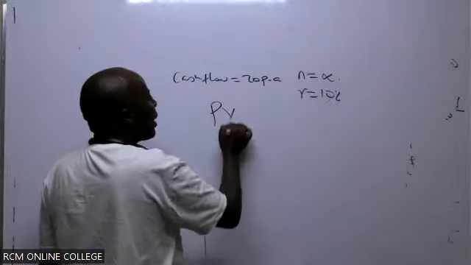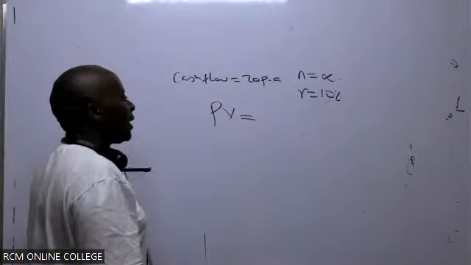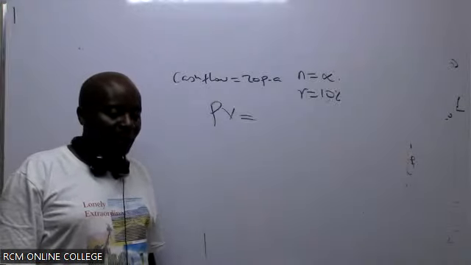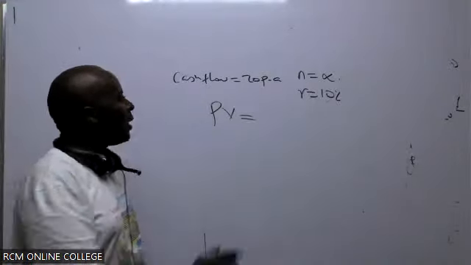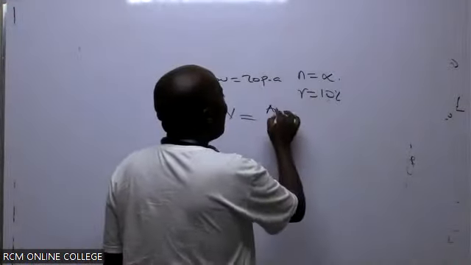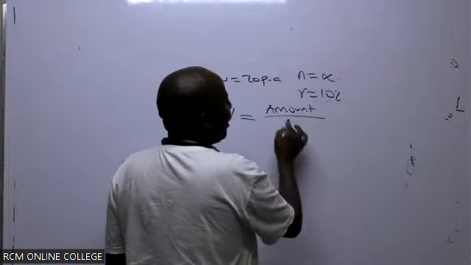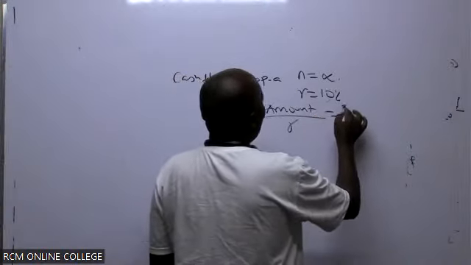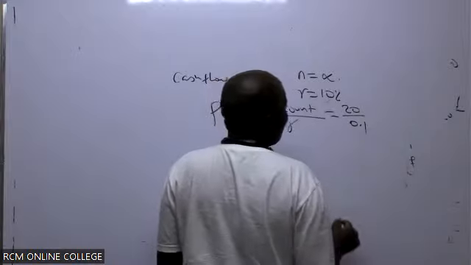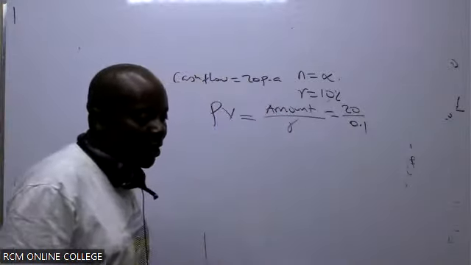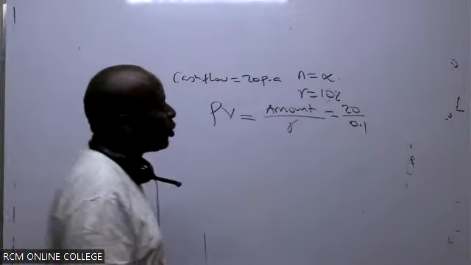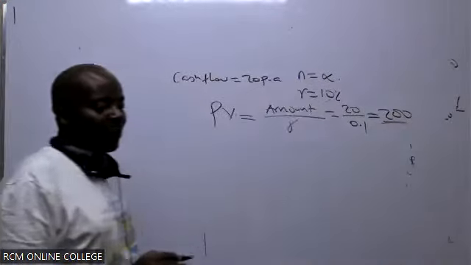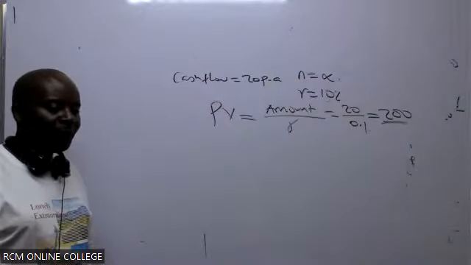Is there anybody who can give me the present value? Thank you very much, Javan. Javan amesema ikitu straight away mwalimu ni cash flow divided by R. Kwa hivyo this will be 20 divided by 0.1 because 10% is 0.1, which will end up giving me 200.